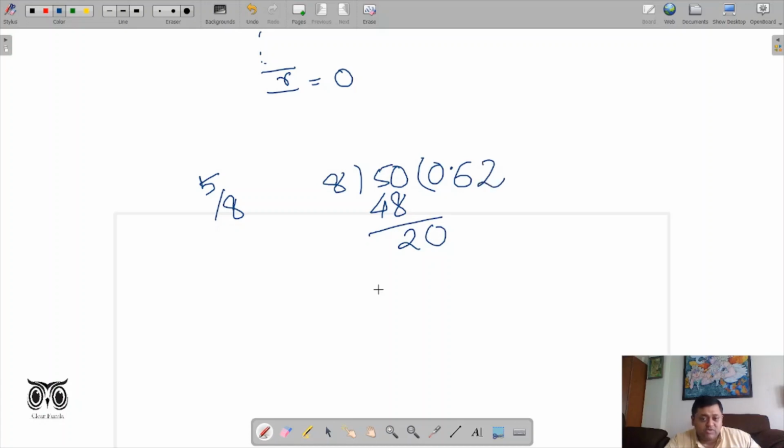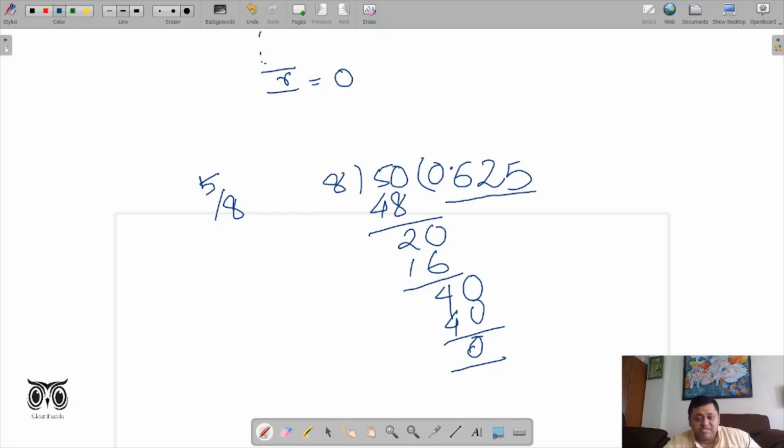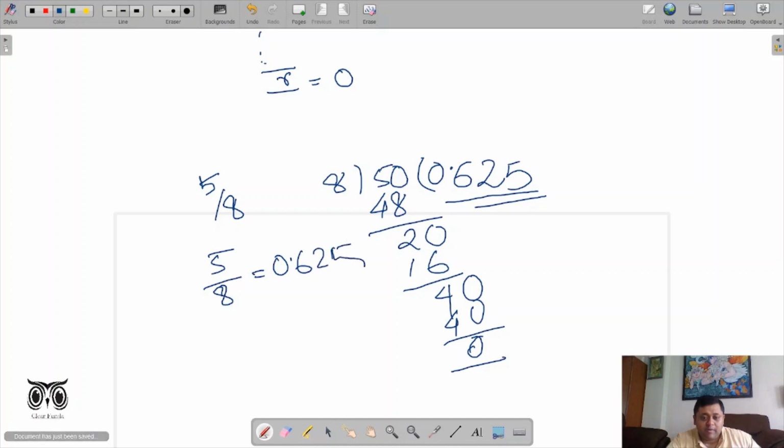So there becomes 2, so this becomes 20. This becomes 4, which means this becomes 40. So you see the remainder is 0. Which means this one is the decimal representation of 5 by 8. That is 5 by 8 equals 0.625. Okay, so this is what we call the decimal representation of 5 by 8.